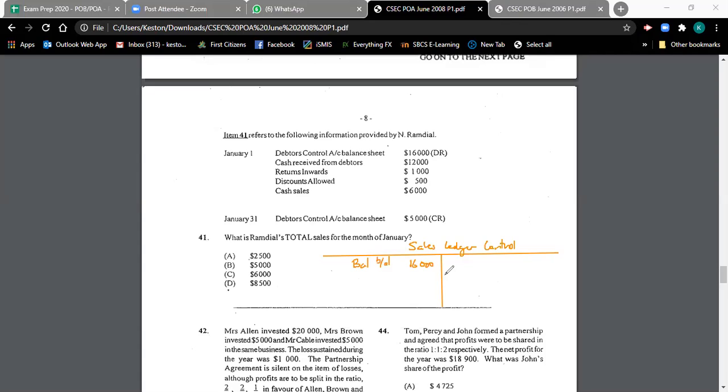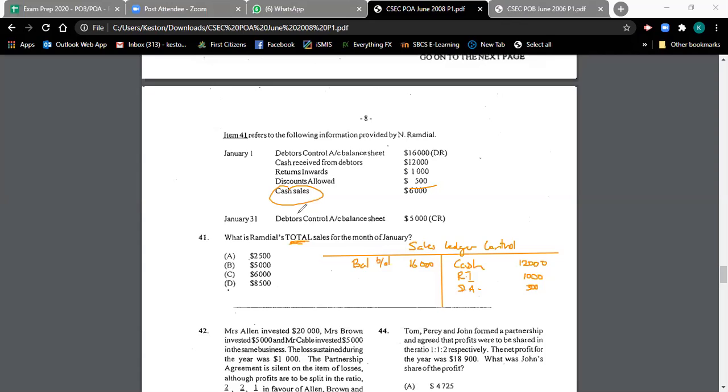Alright, cash received from debtors, put on the side, 12,000. Return inwards, put on the side, 1,000. Discounts allowed, put on the side, 500. Cash sales not gonna go in here, right? Because this is a credit sales ledger. This has nothing to do with the sales ledger. You add it back here though, right?